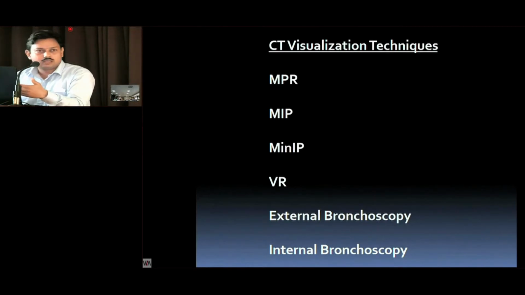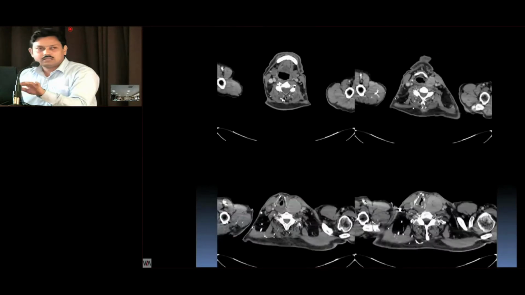I'll be showing you examples. So this is a case which I think will be shown later on also. We have a large mass lesion arising from the right lobe of the thyroid.